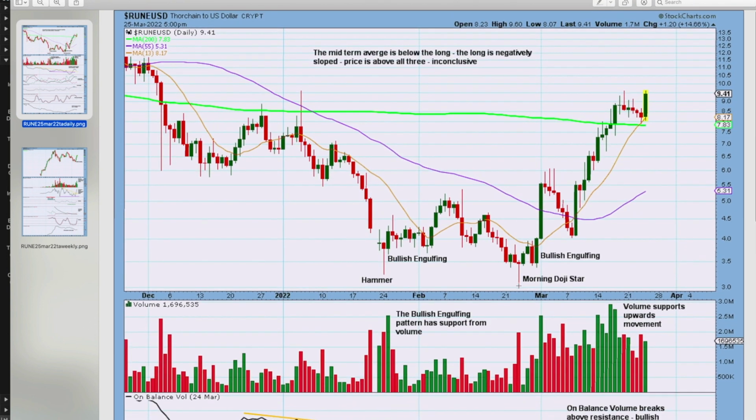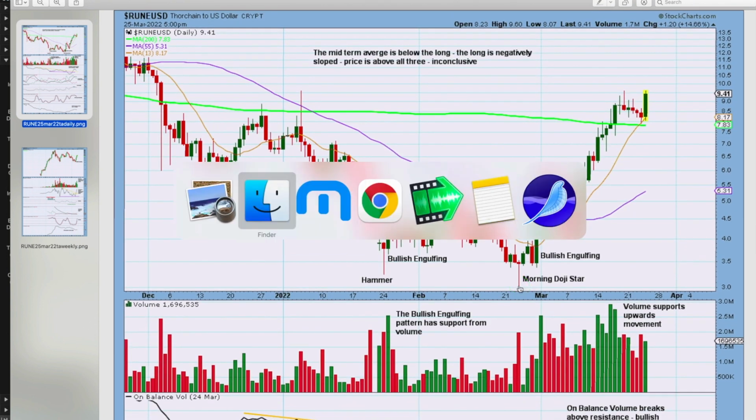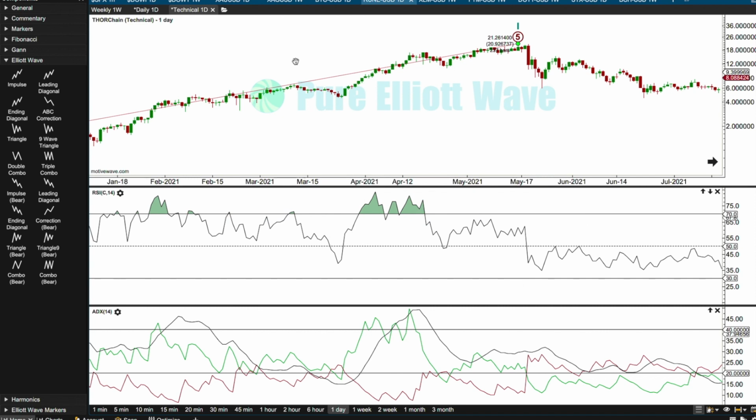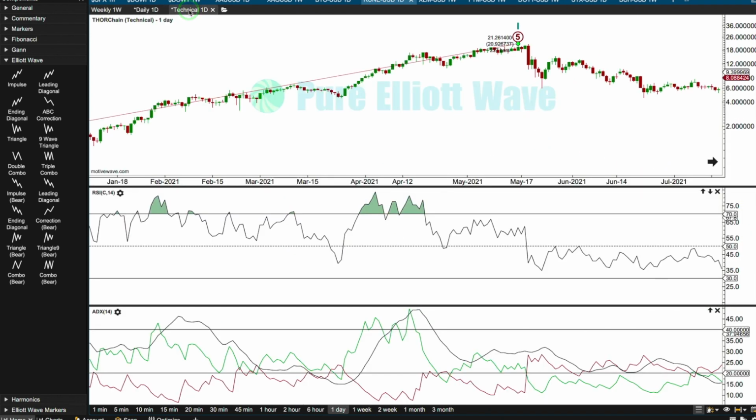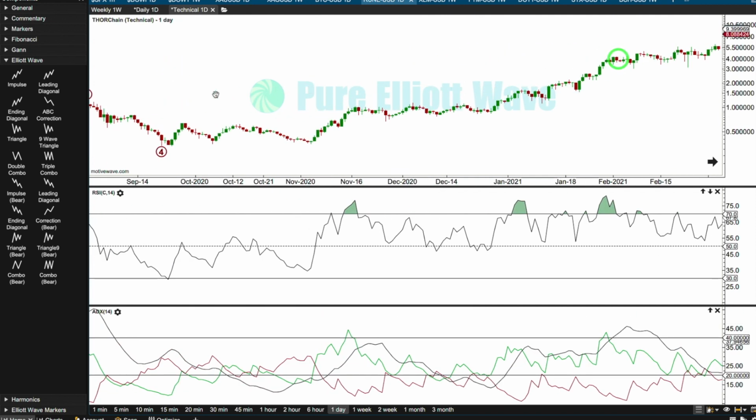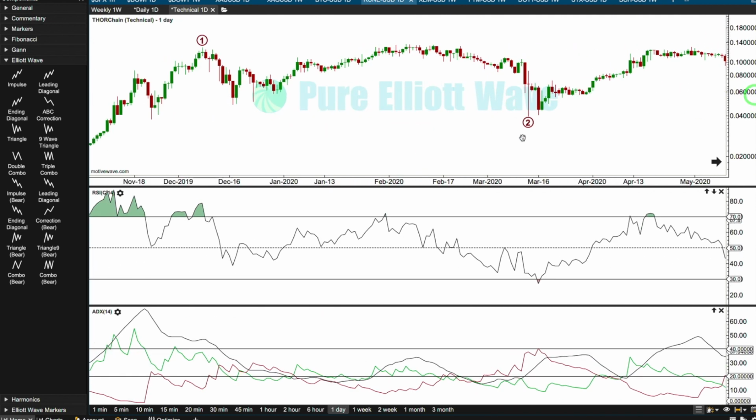Let's see how this market behaved at previous important lows, going back to this motive wave chart. Now I'm going to identify this low, this low, this low, and this low. Let's see how it behaved with RSI and ADX. So going back to the low of primary 2, within cycle 1, there was no bullish divergence between price and RSI.